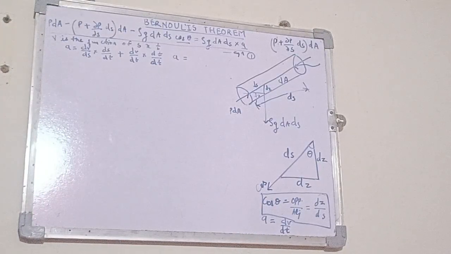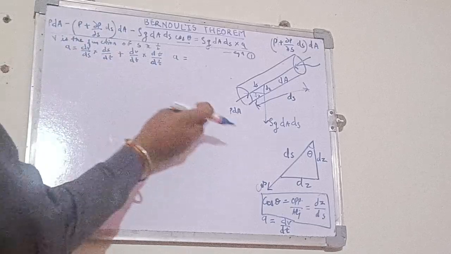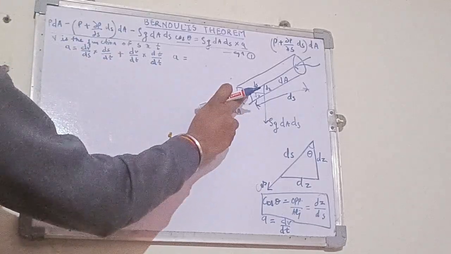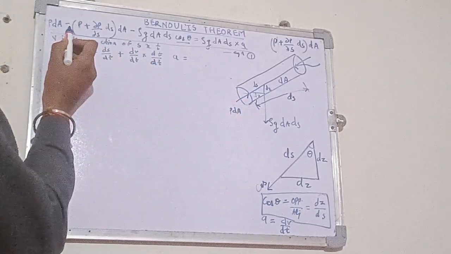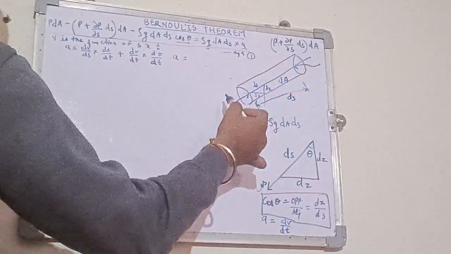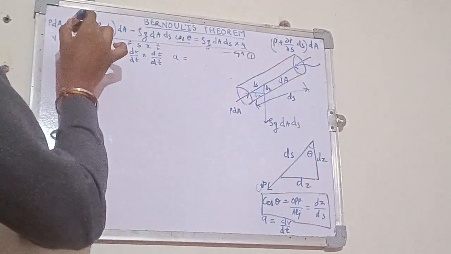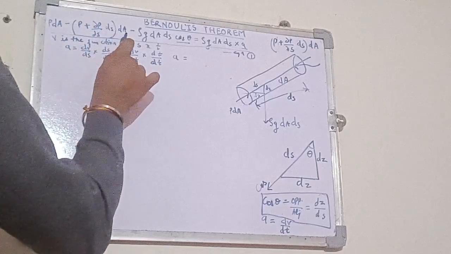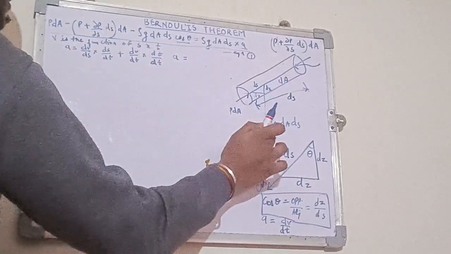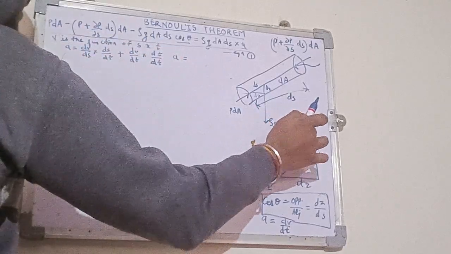PdA is in the opposite direction, so why have we taken minus? Because the flow is in the forward direction, that's why it is given minus.